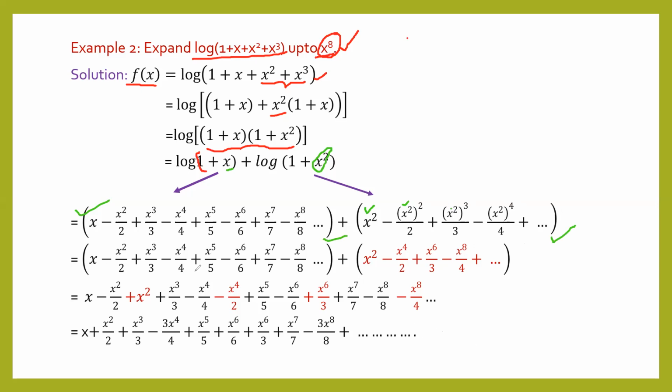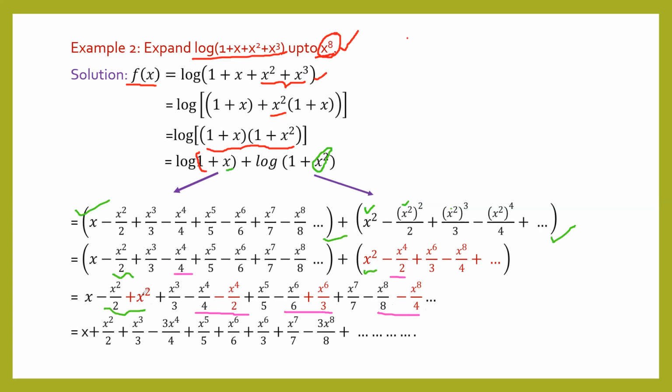As you can see here, there are two terms of x square, so we'll combine those terms. Again, we have two terms of x raised to 4, so we'll write them together. Two terms of x raised to 6, two terms of x raised to 8.